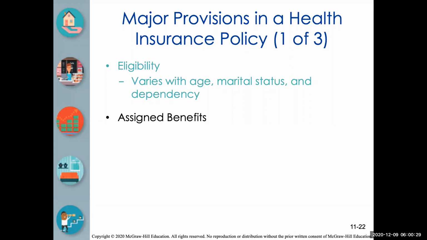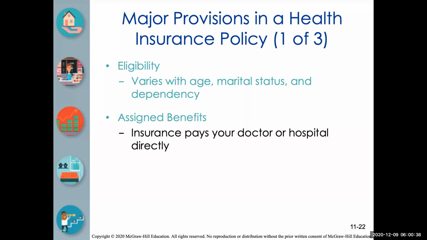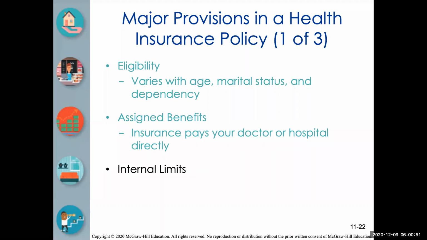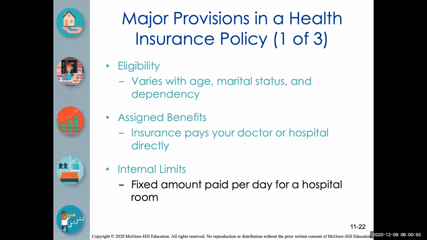This is the insurance that gets paid directly to your doctor or hospitals, where you don't have to cut your doctor or hospital a check. The insurance company pays them directly. We have things called internal limits, meaning that hospitals are not allowed to charge more than a certain amount for each hospital room per day.